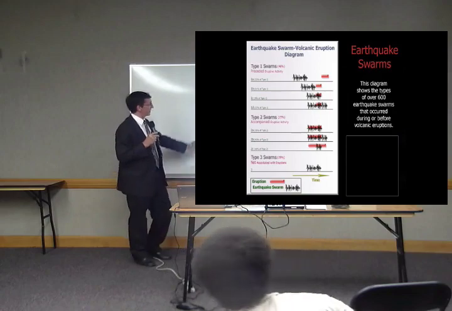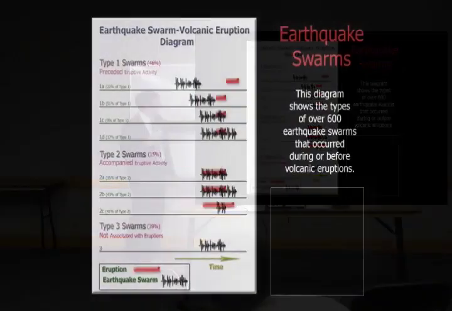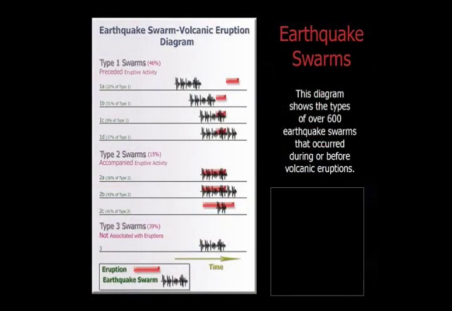Then 15% were accompanying the lava, and the shaking started together. And then 39%, that goes to what you said about sometimes there being earthquakes without lava being produced. They're saying 39% of the time that happens.